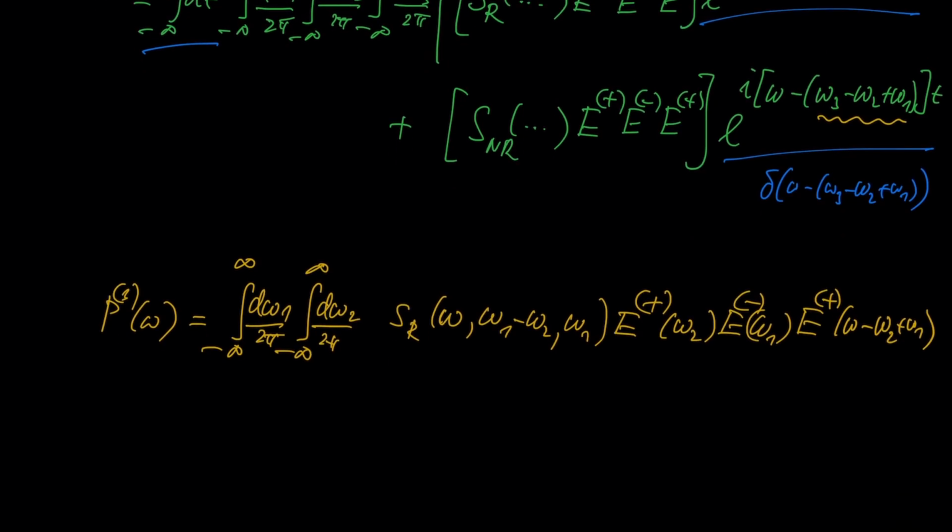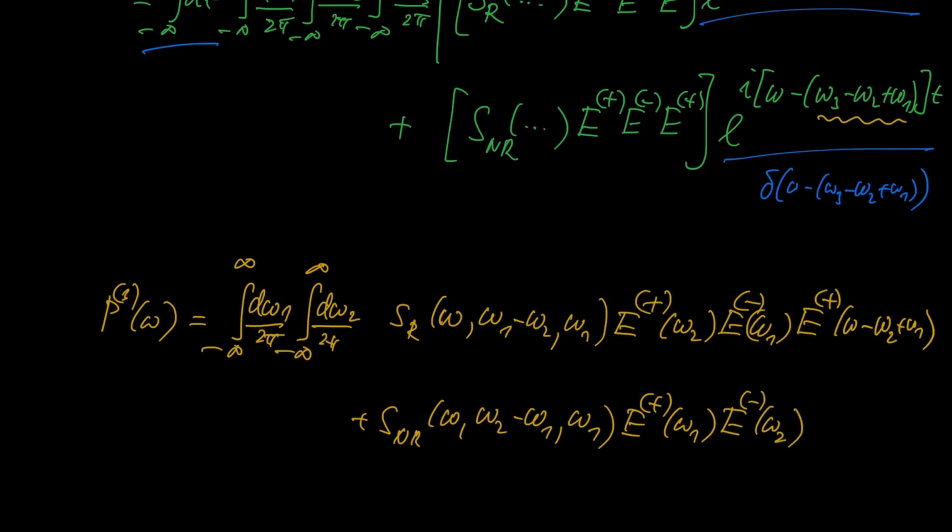And the second contribution is S_NR of omega 2 minus omega 1 and omega 1, and E plus omega 1, E minus omega 2, and here we have E plus of (omega minus omega 1 plus omega 2).